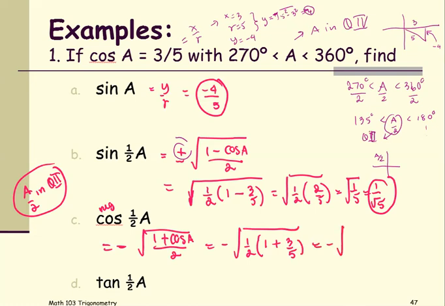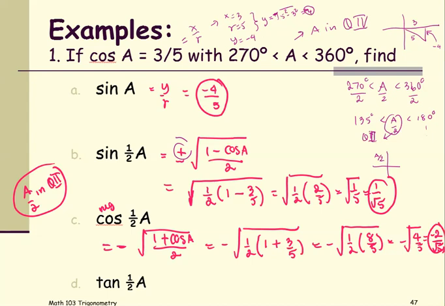Now we have the square root of 1 over 2 times 8 over 5, or negative the square root of 4 over 5, or negative 2 over square root 5 as a simplified form. You can rationalize the denominator if you like, but this is good enough.